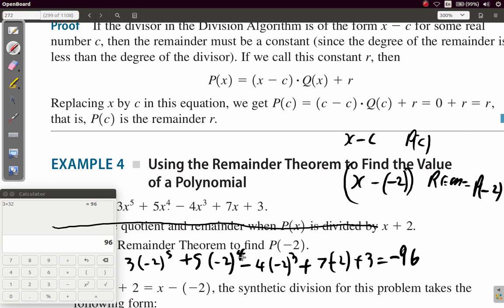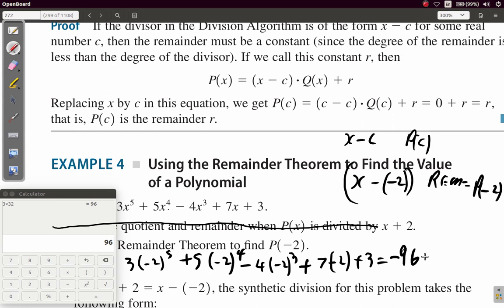Now negative 2 to the 4 is positive 16, and you're going to find 5 times 16, so what you get is 80.